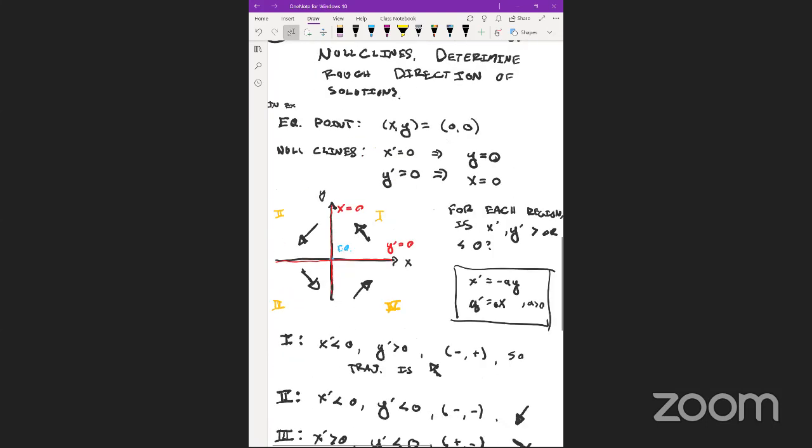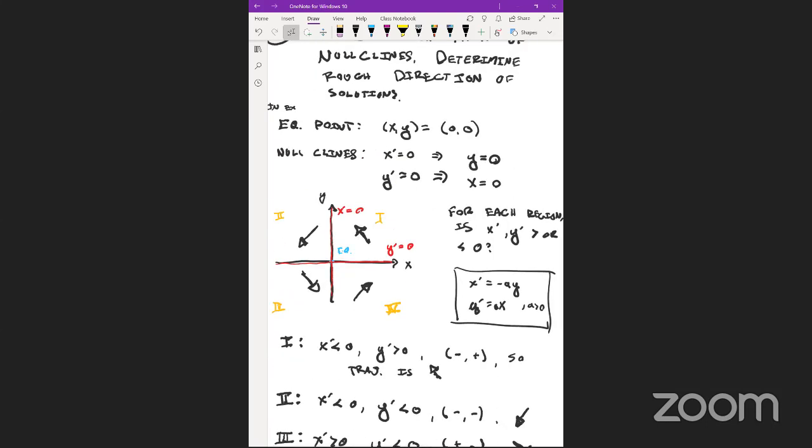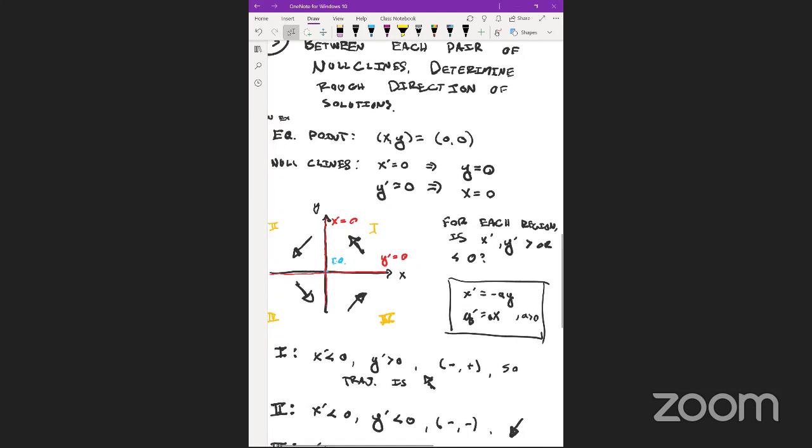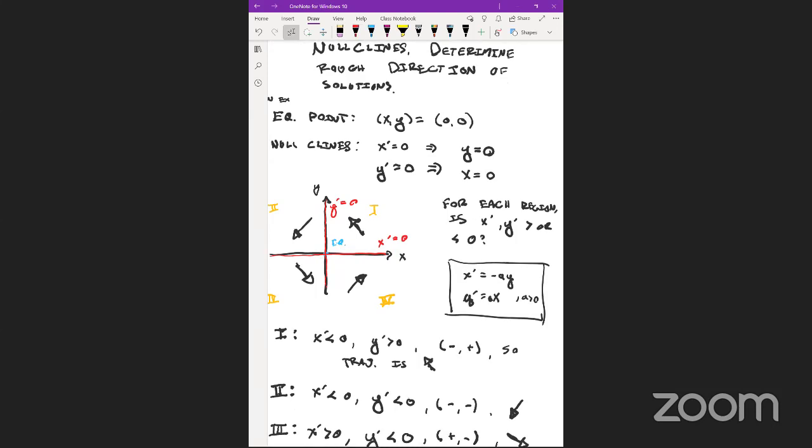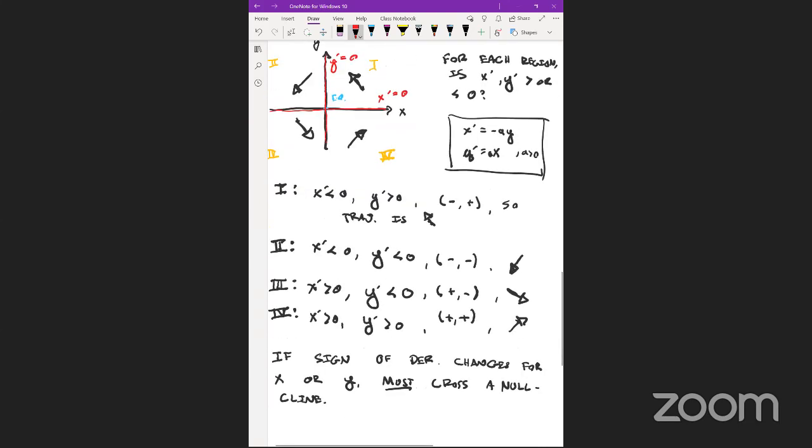And sorry, I apologize, because I mislabeled these. Because y equal to 0 is the x null cline, and this is the y null cline. And so even more so, when we cross the y null cline, we can see that the sign of the derivative for y changes.